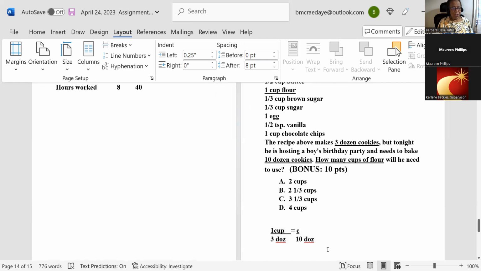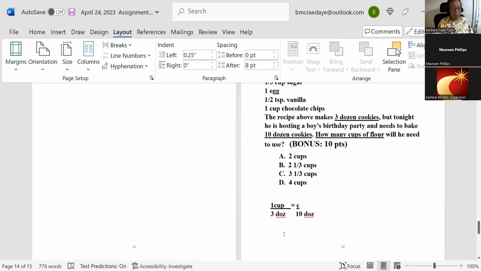What is C equal to? C is 10 cups, right? Well, C is what you're solving for. 1 cup for 3 dozen. How many cups to make 10 dozen cookies? So cross multiply, and what do you get?